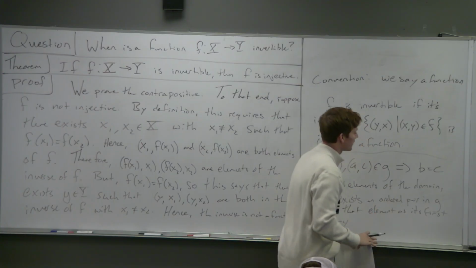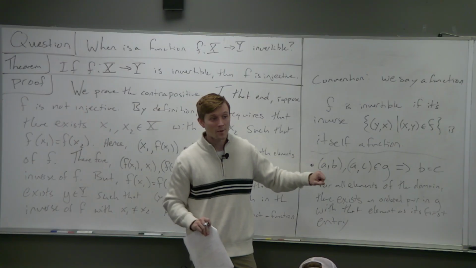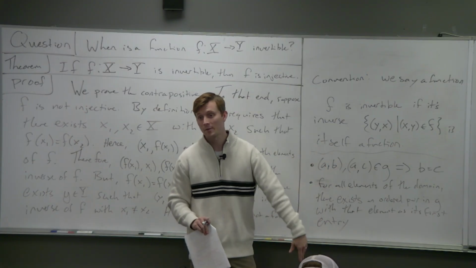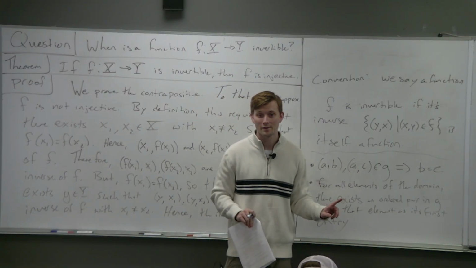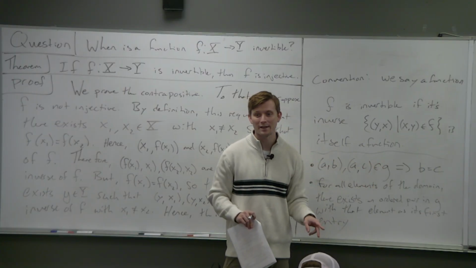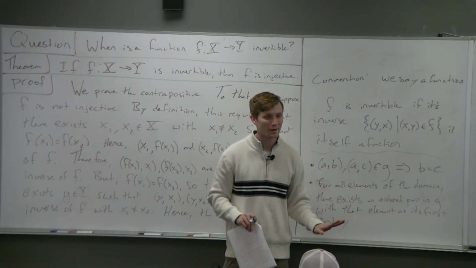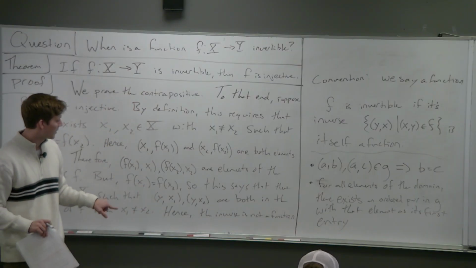These are the two conditions that you need for a relation G to be a function. It maps everything in the domain to something, and nothing in the domain gets mapped to two different things. Everything's got an arrow going out of it. Nothing has two arrows going out of it. Yeah? Okay, so functions. We've just shown that the inverse relation is not a function.